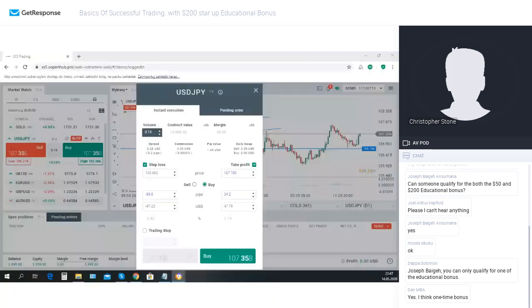In this example, I am willing to risk $97.25, but I can gain only $47.79. Oh well, the price has changed, so it's around $38.